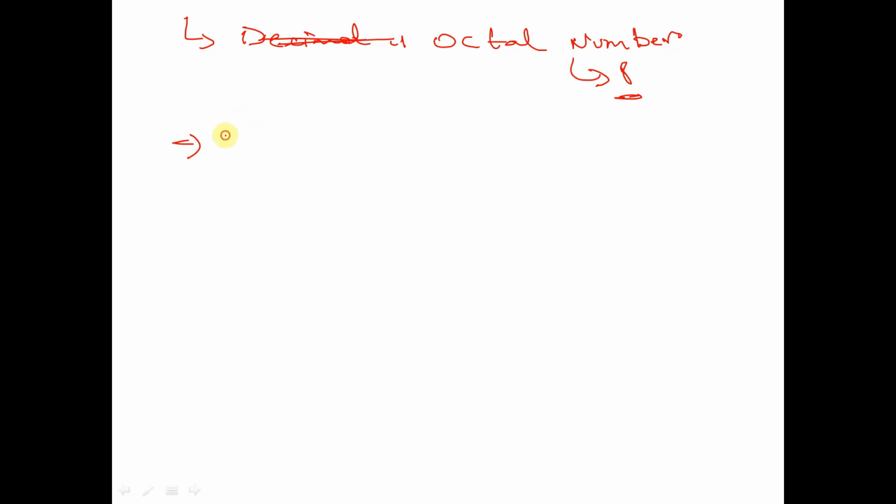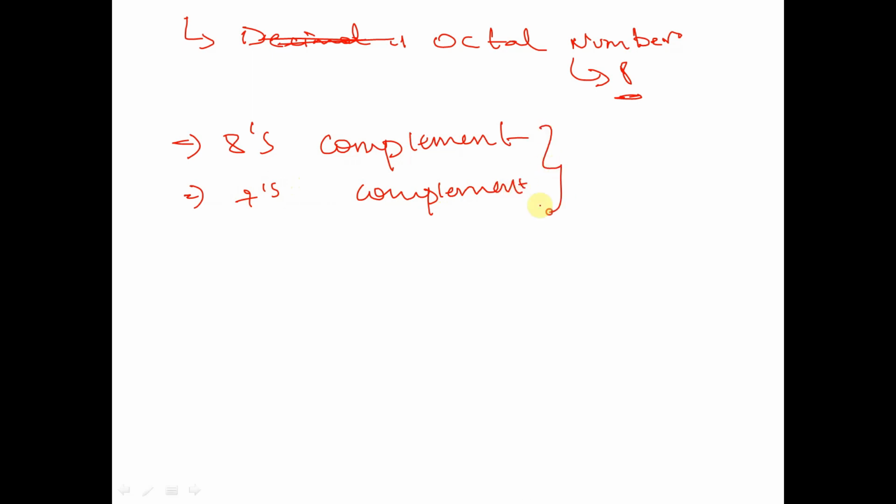Here B is nothing but 8. So the first type of complement is 8's complement. And we also have B minus 1's complement, that is 8 minus 1, that is 7's complement. So for a given octal number, we have two types of complements: 8's complement and 7's complement.